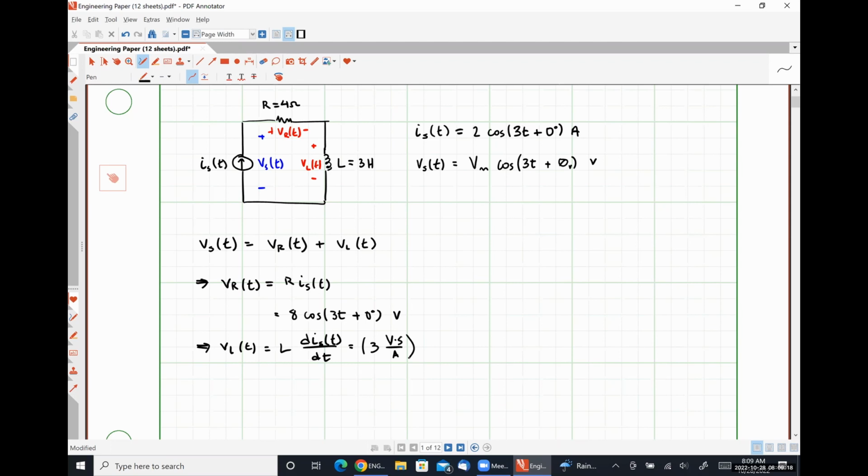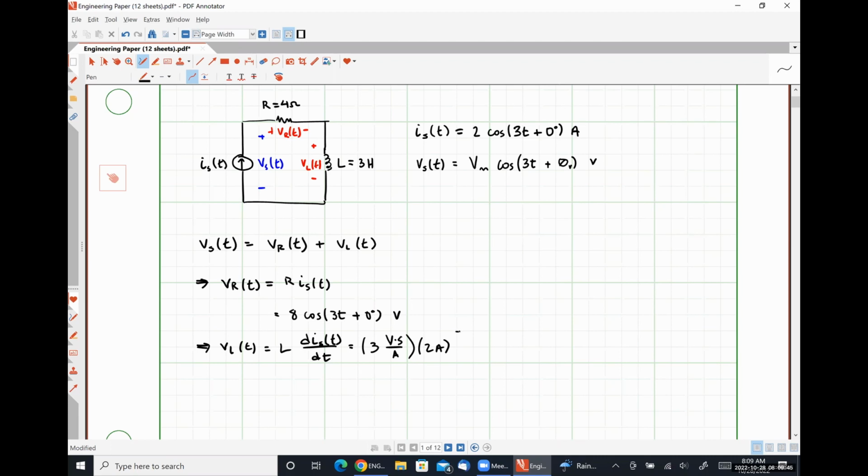So we can pull the 2 out for sure, right? That's just a constant. So let's pull the 2 amps out, and we're now just trying to find the derivative of cosine of 3t. So what's the derivative of cosine x? Negative sine, okay. Well, using the chain rule, we're going to have to pull out a factor of omega as well, since there is an omega factor that's multiplied by t.